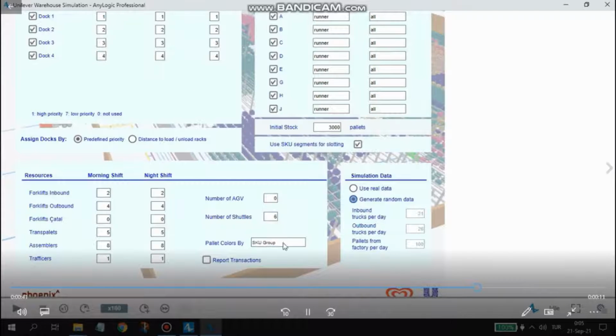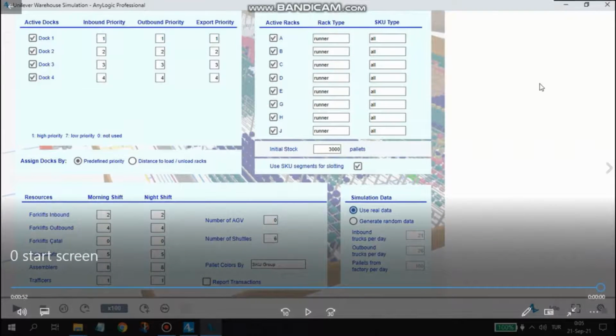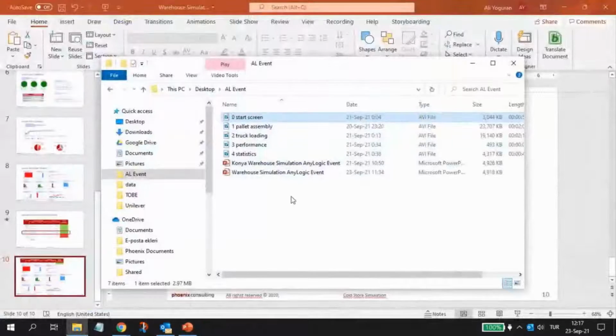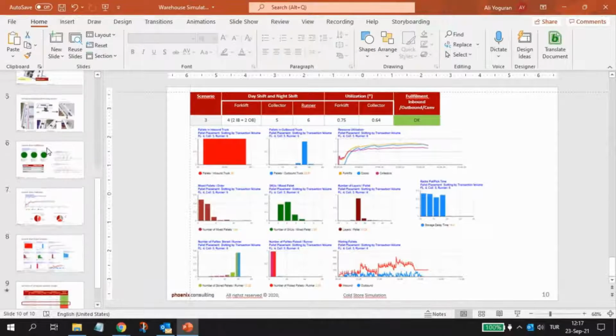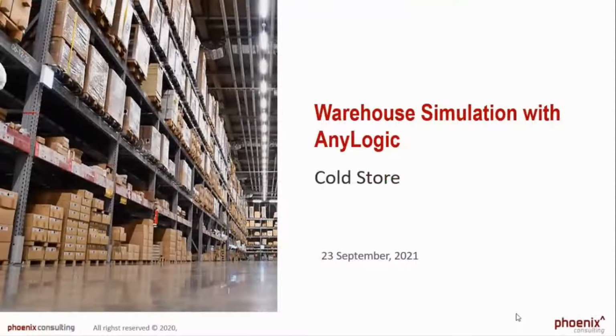So this gives you many combinations of scenarios, which would take many hours to test in the physical world. But this is just a few minutes of simulation time, and you see the effect of your scenario, of your warehouse structure, in just a few minutes.